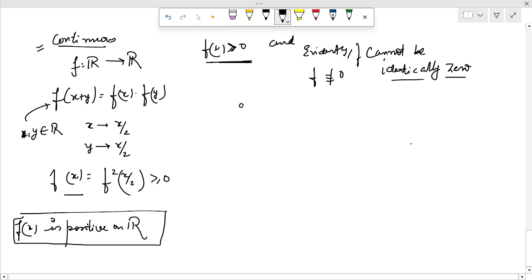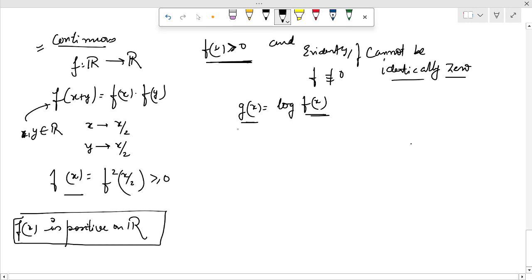So now let us define another function g(x), which is nothing but log of f(x). Since f(x) is positive on R, one can think of such a function g(x). I think this is quite easy to see.